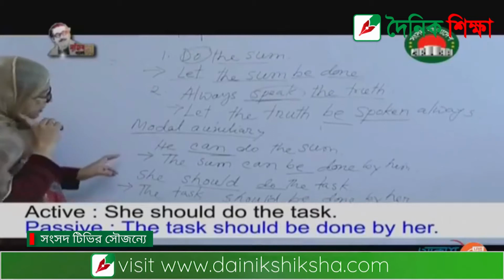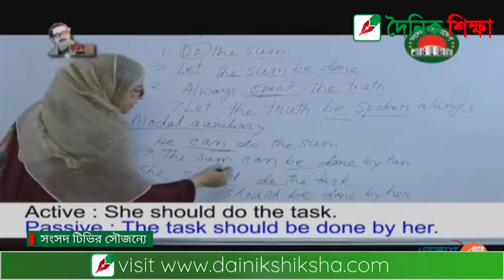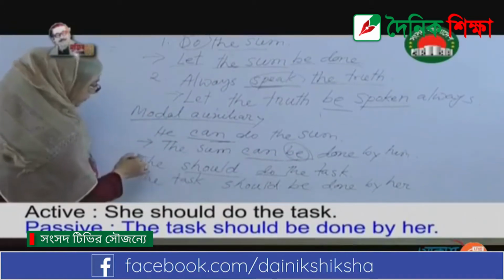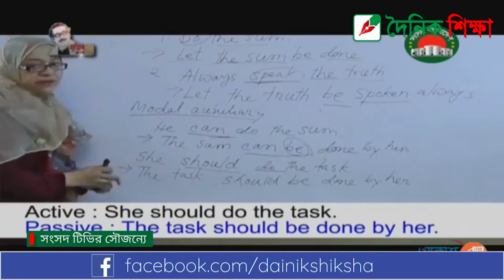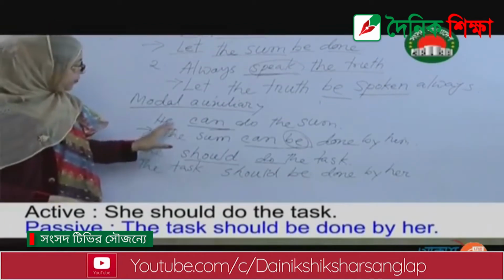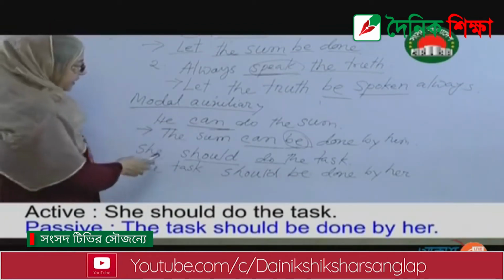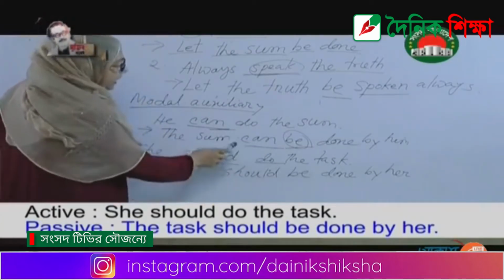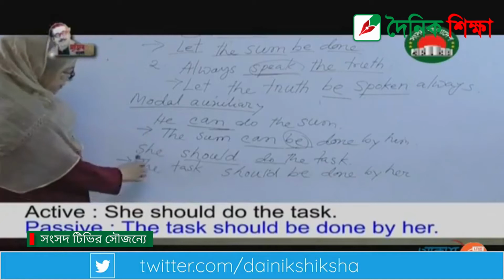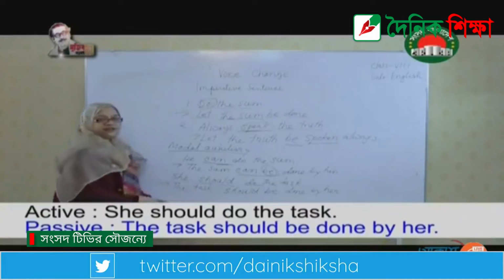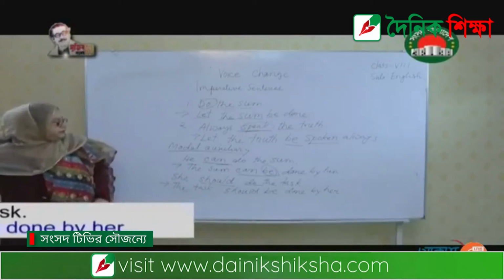So when we turn it into passive, we only use be verb after the modal auxiliary. And by following the previous structure, the first one, he can do the sum, the answer will be the sum can be done by him. The second one, she should do the task, the task should be done by her.